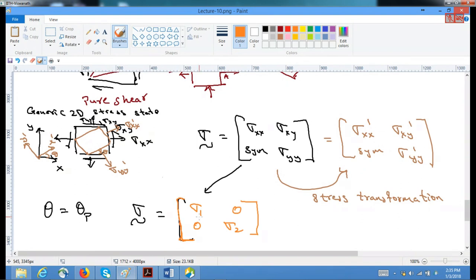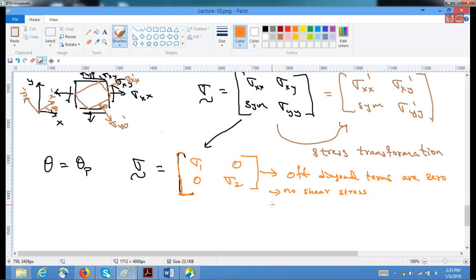Now, the good part about this is that the off-diagonal terms are 0. That implies no shear stress. That implies purely dilatational in nature.